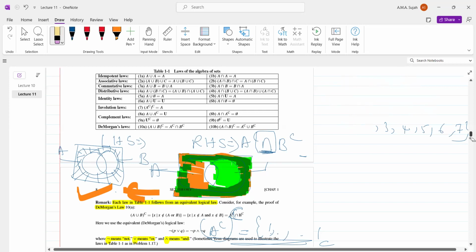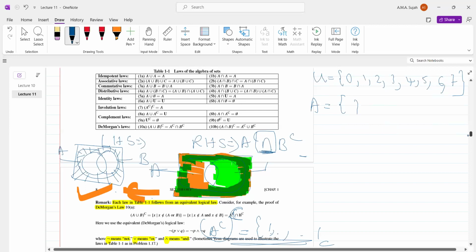You have a universal set with elements starting from 0, 1, 2, 3, 4, 5, 6, let's say until 7, right?